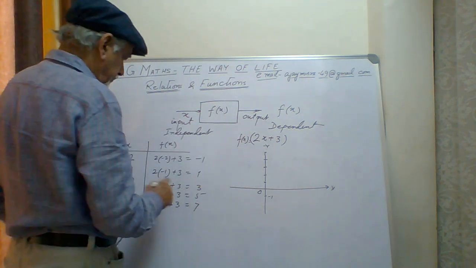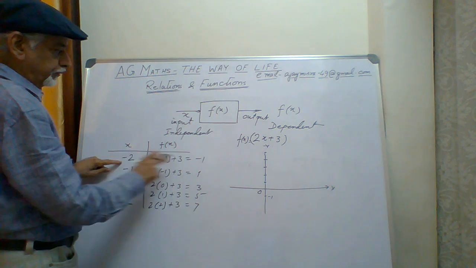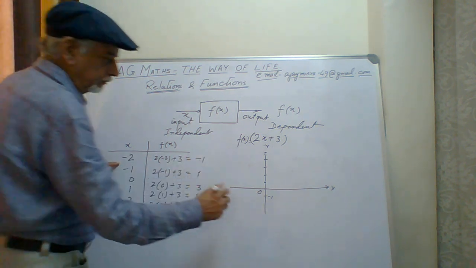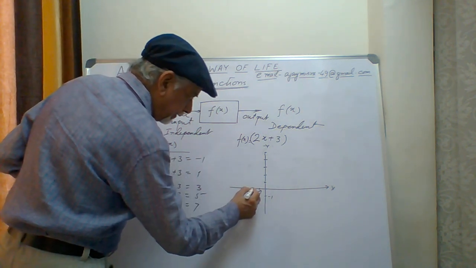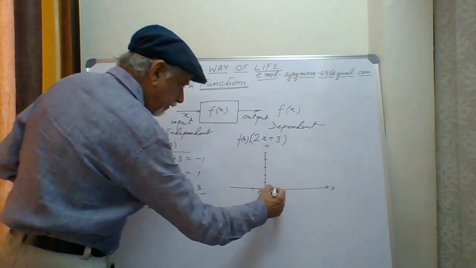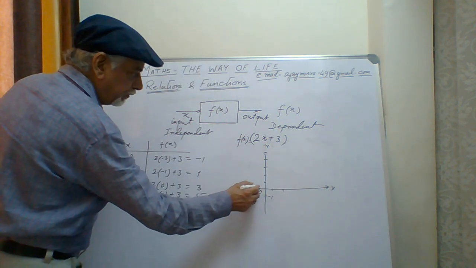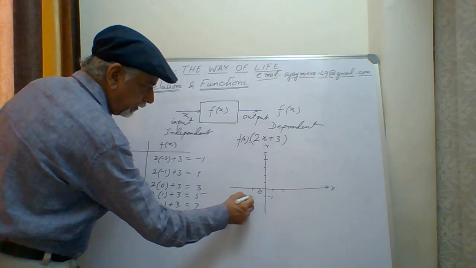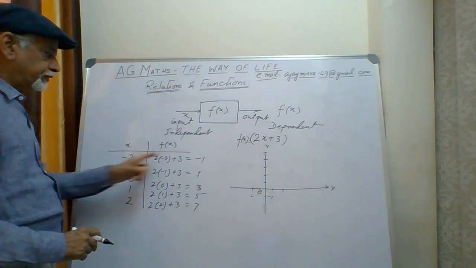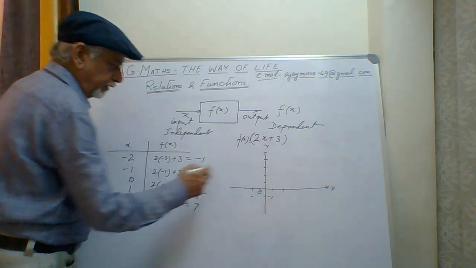Right. Now, for x value of minus 2, y value is minus 1. So I will have to plot x here. Minus 2 is here. Then plus 1, plus 2 is here. So for minus 2 it is minus 1. Minus 1 is here. So the point will come here. Minus 2, minus 1 point is this one.